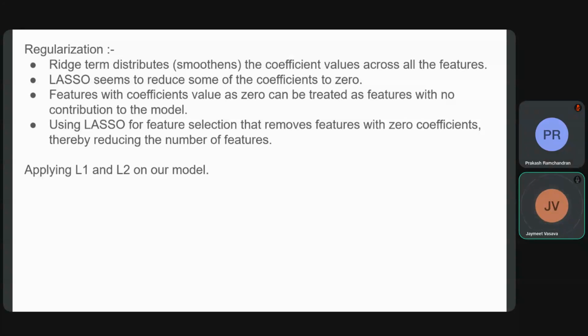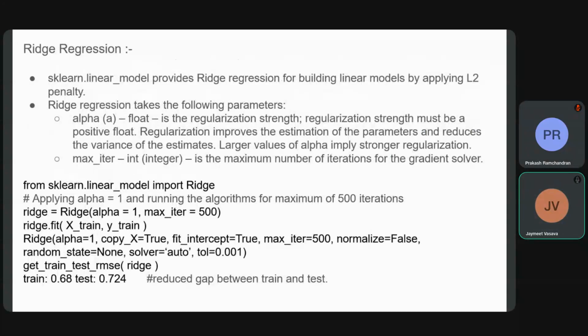So let's apply L1, which is lasso, and L2, which is ridge regularization, on the model that we have trained. So the ridge regularization takes a parameter value of alpha. Here alpha is the regularization strength, and the other parameter it takes is the max number of iterations for the gradient solver.